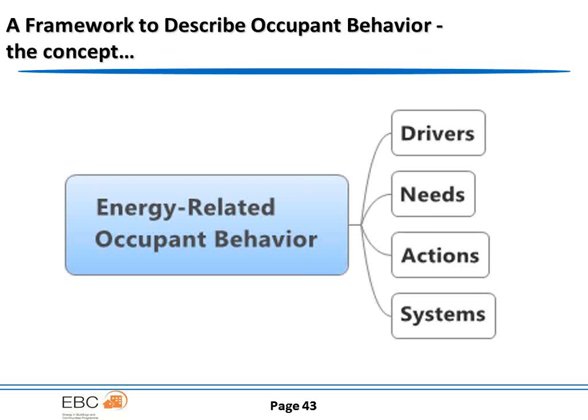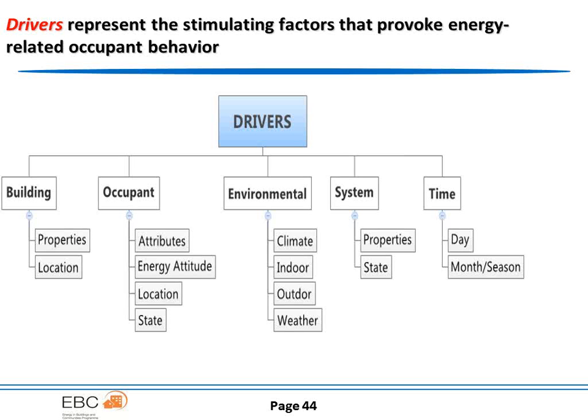And environmental, it's very obvious, like climate conditions, indoor temperature, humidity, weather conditions. And then we talk about a system, right? What kind of system, how controllable it can be, and to enable human interaction. And of course, it depends on time, like different times of day, different days of the season, can be different.